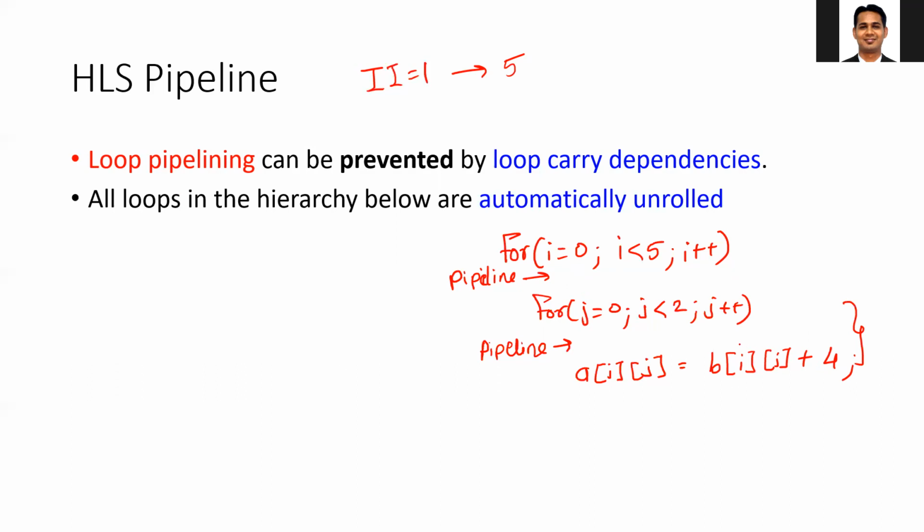So when you say that you want to pipeline the i loop with an initiation interval of 1, that means you need to complete all the iterations of the j loop as early as possible.